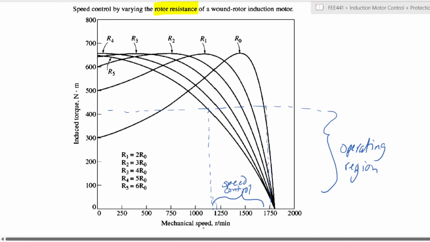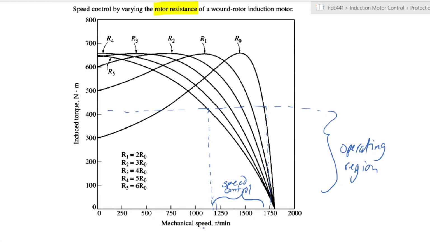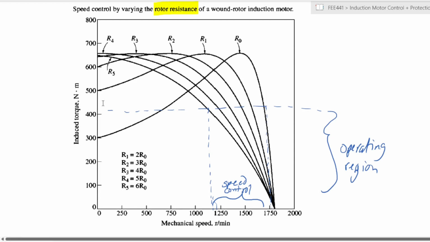Once again, this is a fairly restrictive range of speed that you can control simply by changing the rotor resistance. It is not a drastic change of speed. You're only changing the speed to match the torque that you would want to supply. So if you want 400 Newton meters, the same amount of torque at different speeds, you change the rotor resistance and you get the same torque, but different motor speeds.